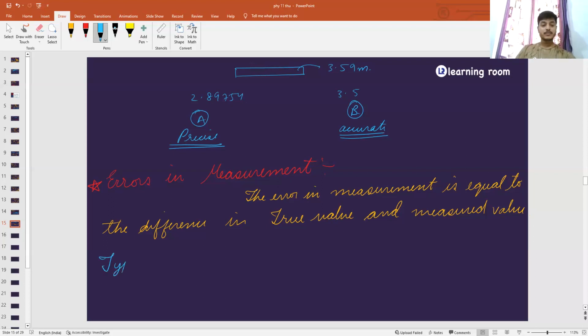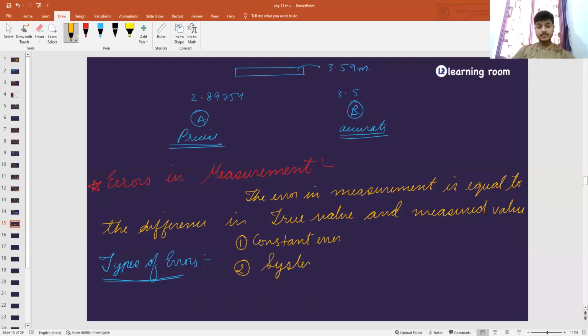Then types of errors. There are different types of error. It is not only that you have made a mistake. Mistakes are due to many things. One is constant error. Second one, systematic error. And the third one, random error.